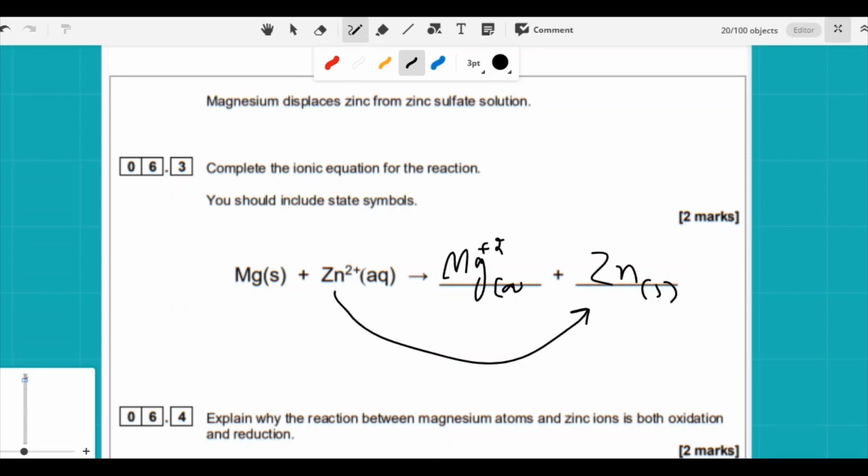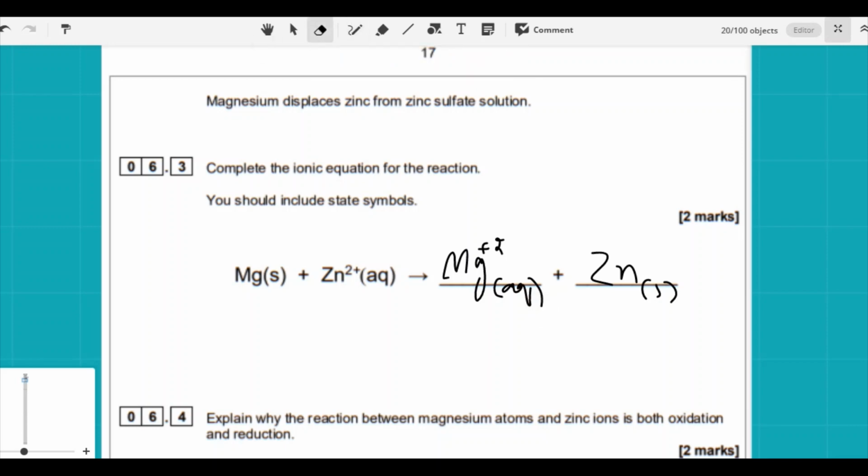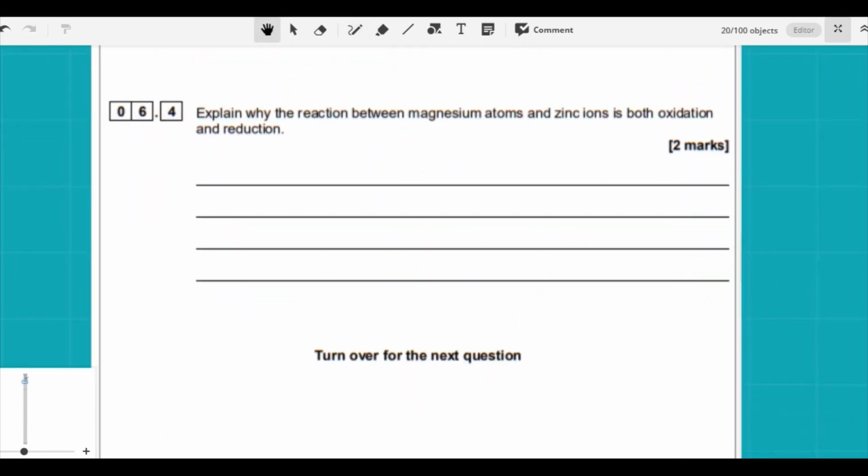So you can write in this state. Not sodium, here it is zinc. Sorry.